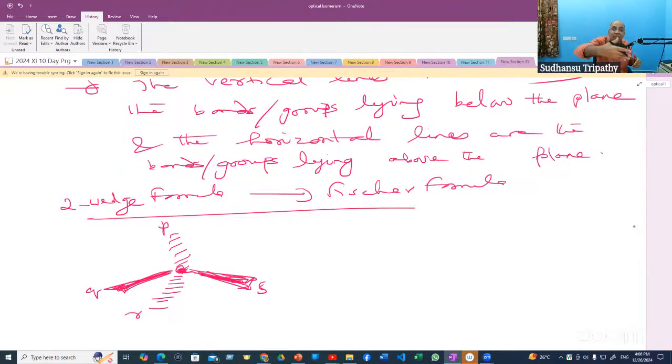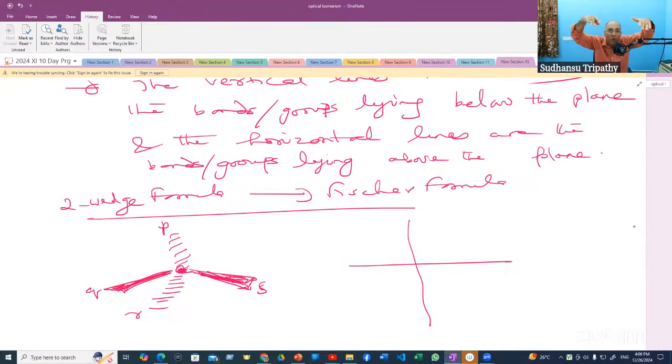Suppose you imagine a plane passing through the middle, and you take a projection of all the bonds and atoms to remain on that plane. That is called a projection. Projection means shadow. Q and S, which are really lying above the plane, will produce a horizontal projection.